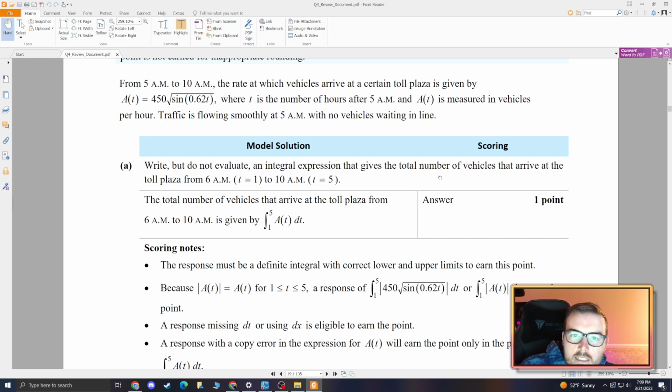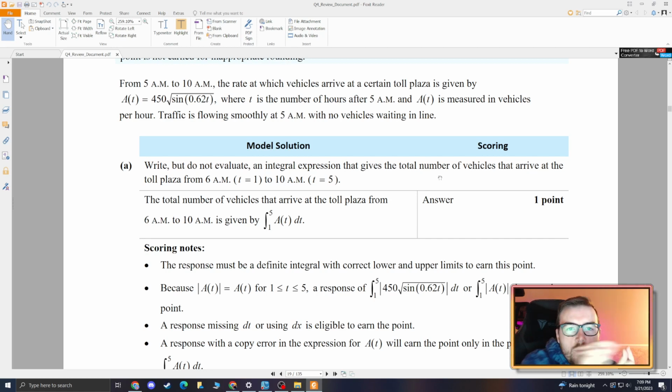A simple example would be our particle questions with acceleration, velocity, and distance. The integral of the absolute value of velocity was giving us the total distance that the particle traveled. Hopefully you remember that. And why the distinction for the absolute value? Well, if you got rid of the absolute value, the integral of velocity was displacement.